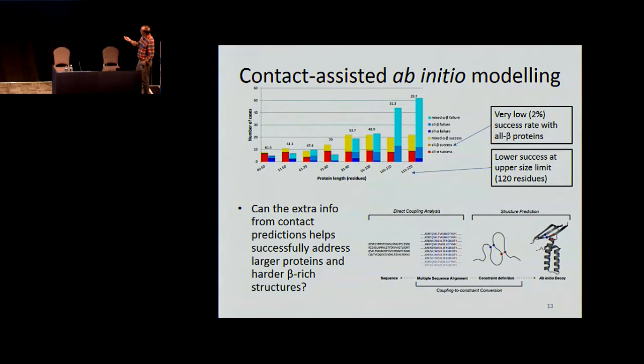You remember we did very poorly with all beta proteins, and as we got towards the 120 residues, the success rate fell off. This is just a reminder of how contact predictions are best made. Ideally, you're in a position where you have a large number of sequence homologs, you make a big alignment.